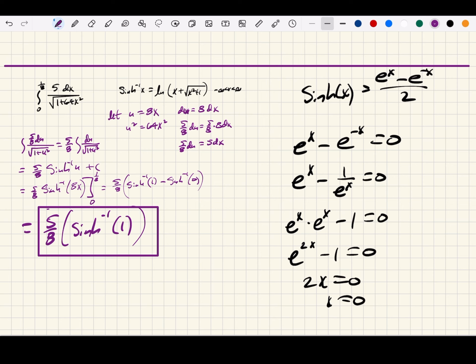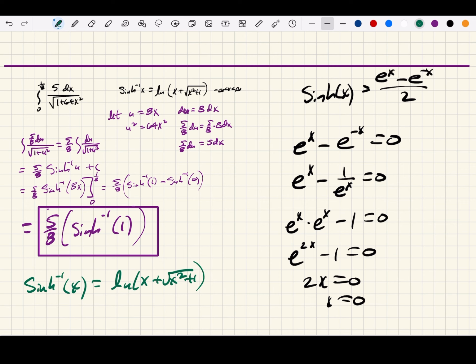That formula says that inverse hyperbolic sine of x is equal to the natural log of x plus the square root of x squared plus 1. I think I already wrote that down. Oh, I did.